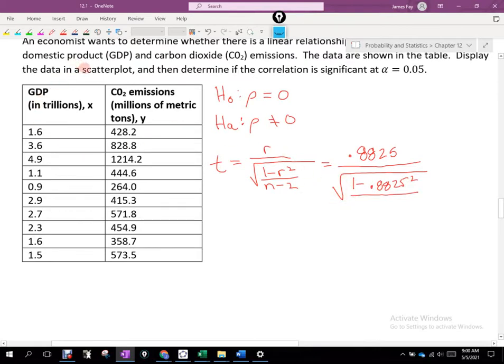Okay. Now I think I've got 10 data values here: 1, 2, 3, 4, 5, 6, 7, 8, 9, 10. So n minus 2 would be 8. Okay, so all that's underneath that square root. So we calculate that.